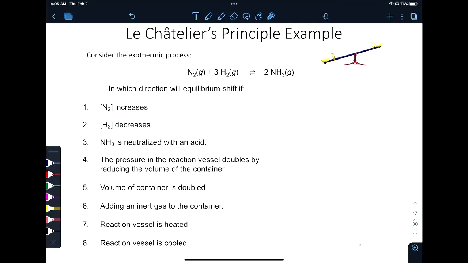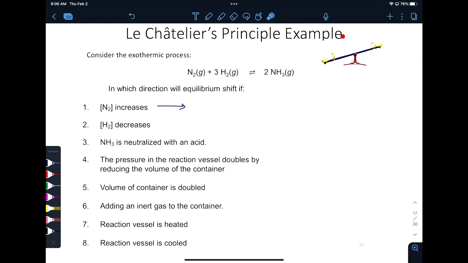It's at equilibrium, Q equals K if you want to calculate Q. So what would happen if we added nitrogen to the container? If we add nitrogen to the container, are we at equilibrium anymore? No, we're not. So what direction does the reaction have to go? Forward. Yes, we make more products. If we increase the amount of nitrogen.